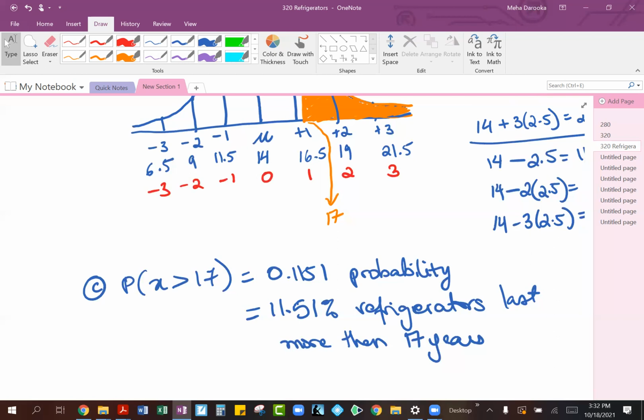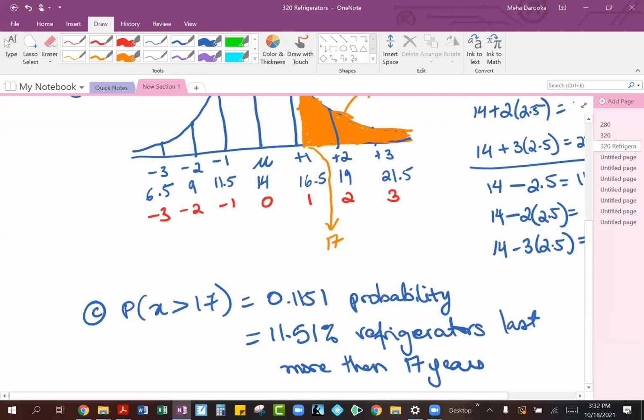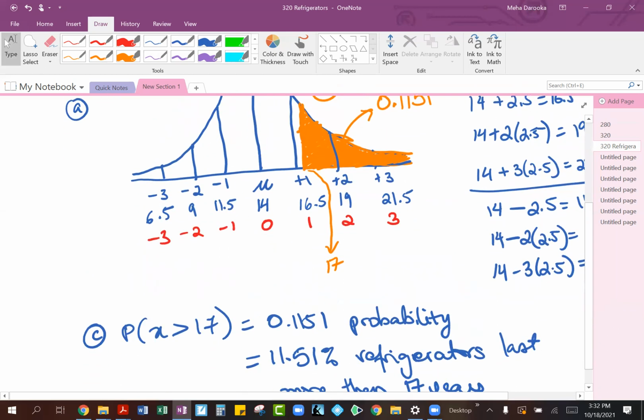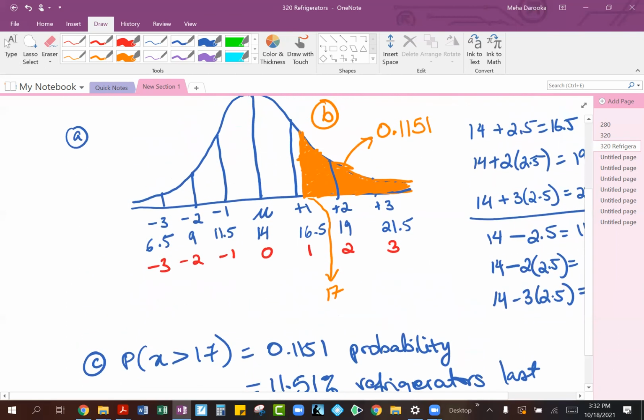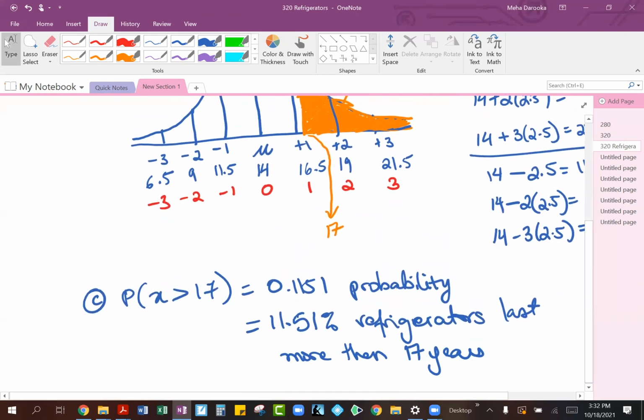So you can see many of them are obviously not going to have a life cycle of 17 years or longer than that. You have a pretty small percentage of refrigerators. So these are different ways that you can look at that area under the curve and use that for answering your questions.